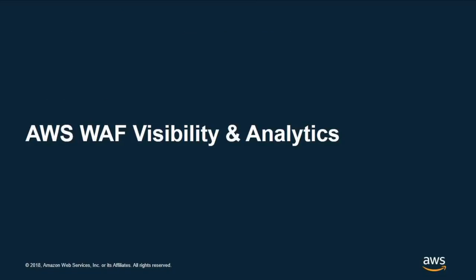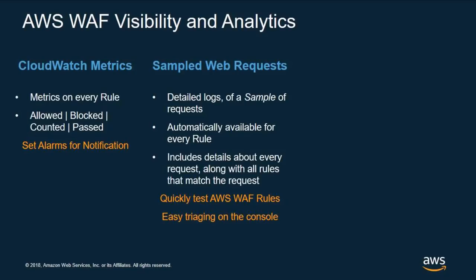So now that we had a quick look at what AWS WAF does, let's also talk about what kind of analytics and visibility capabilities WAF provides, as that is a really important aspect of any firewall. As some of you might know, WAF already provides a couple of different ways of visibility.